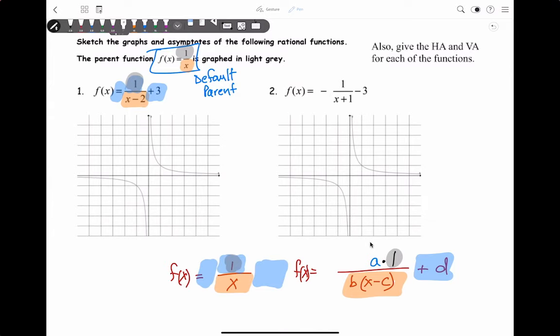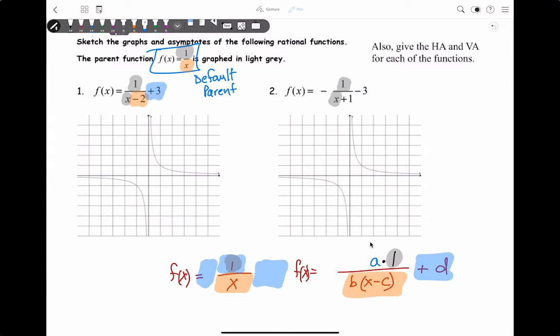Okay, so let's go ahead and look at these. I'm going to shade them as I go so that you can see the pieces that are default and the pieces that are transformations. So this is the default. And now the transformations, with order, is the horizontal shift 2 to the right, and then a vertical shift 3 up.